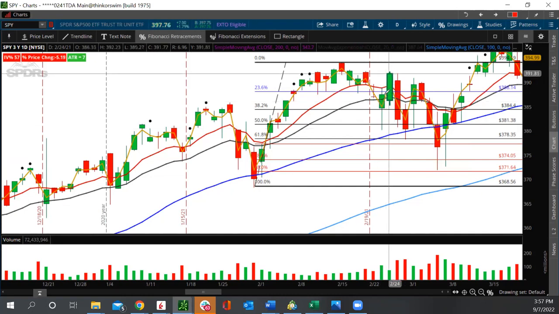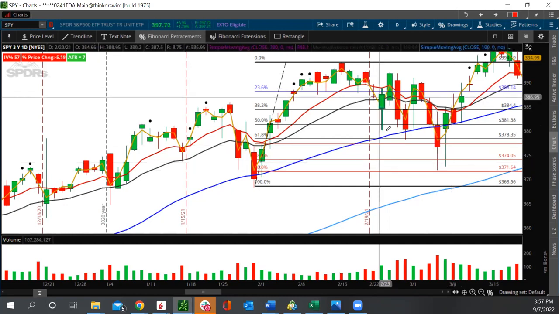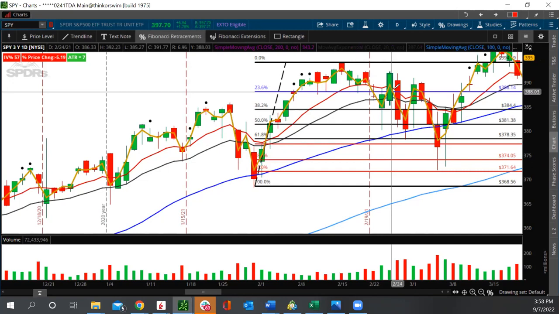Now the bounce failed and it came right back down, and you would have been stopped out. But the fact that that is the level where it bounced, or at least where it tried to bounce.